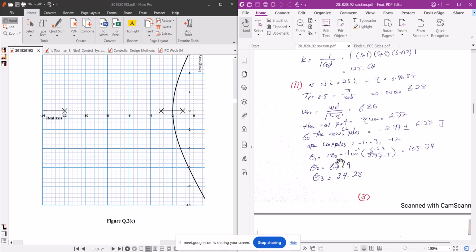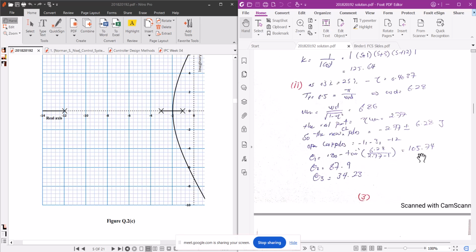For theta 2, you calculate 180 minus tan inverse of 6.28 over 2.77 minus 3, the second pole, and you will get 87.9. For theta 3, you have 180 minus tan inverse of 6.28 over 2.77 minus 12.